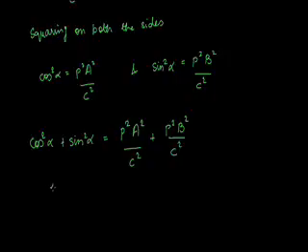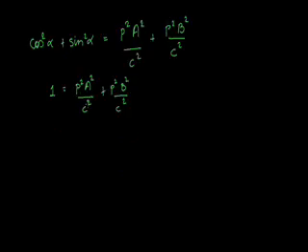So I substitute the value 1 instead of cos square alpha plus sin square alpha, and the equation becomes 1 is equal to p square into a square upon c square plus p square into b square upon c square. Now I can see that p square upon c square is common in both the terms. So our equation becomes 1 is equal to p square upon c square into a square plus b square.